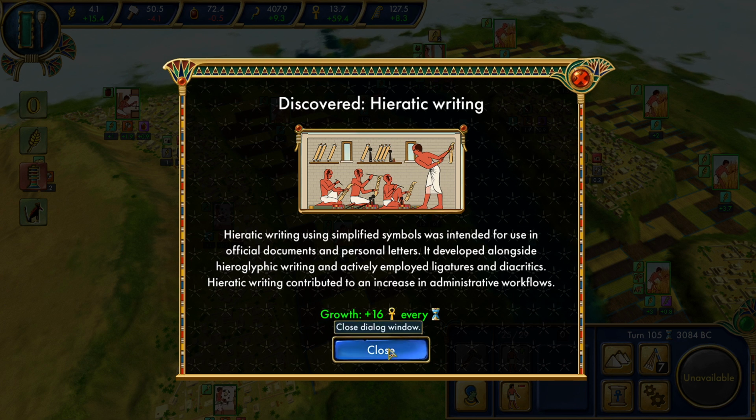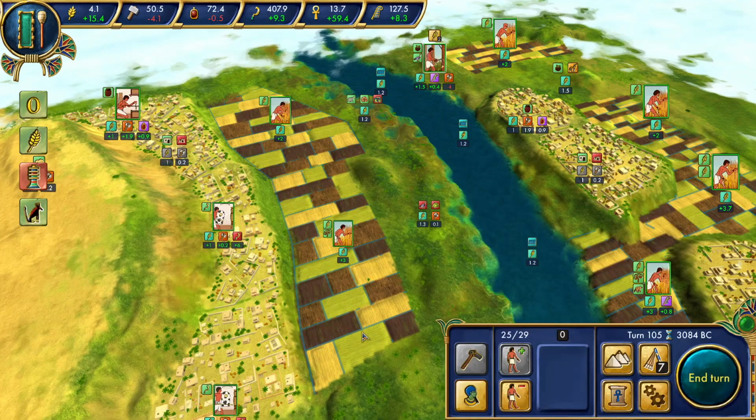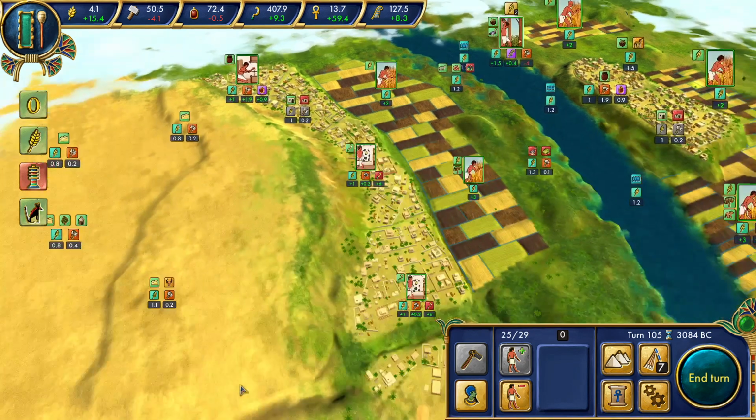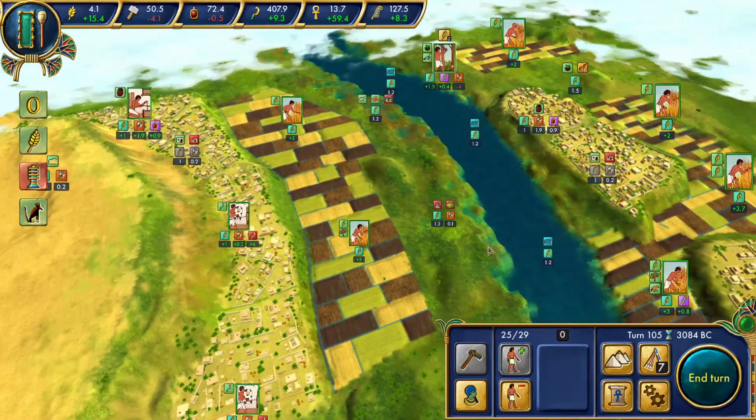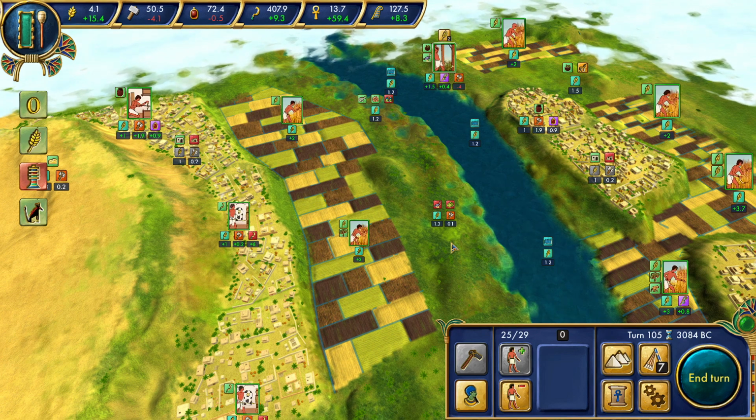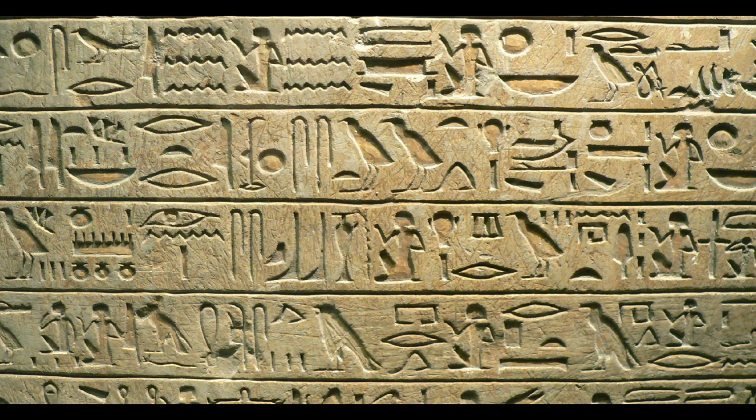Now, if you're anything like me, ligatures and diacritics are probably not household words for you, and I think it's much easier to see this visually, the distinction between hieratic and hieroglyphics. For purposes of demonstration, here are a couple of examples, the first one being hieroglyphics. Both of these are from a much later, much more mature period in the development of these systems, around 1300 to 1500 BCE.